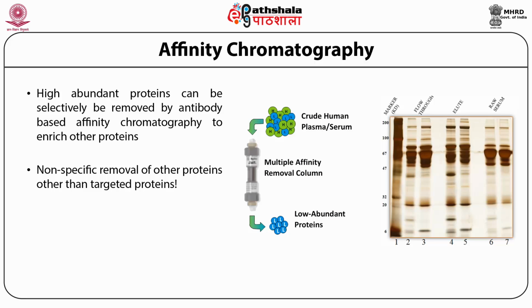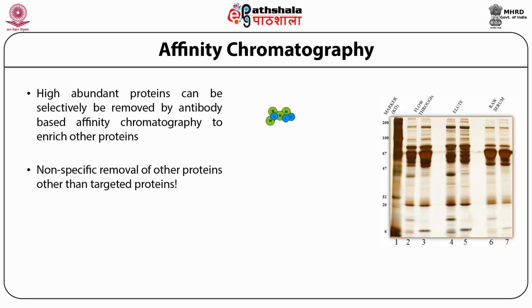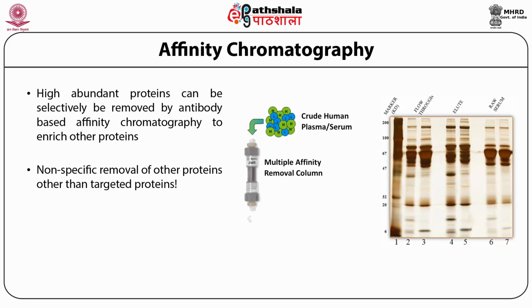Just to have an understanding of the difference between the raw loaded material and the eluate, we have shown the picture of an SDS-PAGE on the right side. As you can see, the raw serum has a certain number of proteins on lane 6 and lane 7. On the other hand, you have a higher representation of proteins in the eluate that are run on lanes 4 and 5.